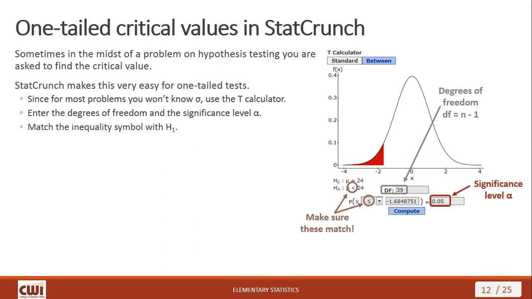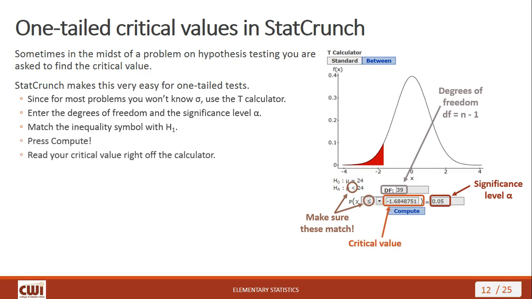Make sure you match the inequality symbol in the drop-down menu with the inequality symbol from your alternative hypothesis. Make sure those two match. And once you've got all that, you hit compute. And then you just read the critical value, that's the horizontal axis value there to the left of the equal sign in your probability calculation.